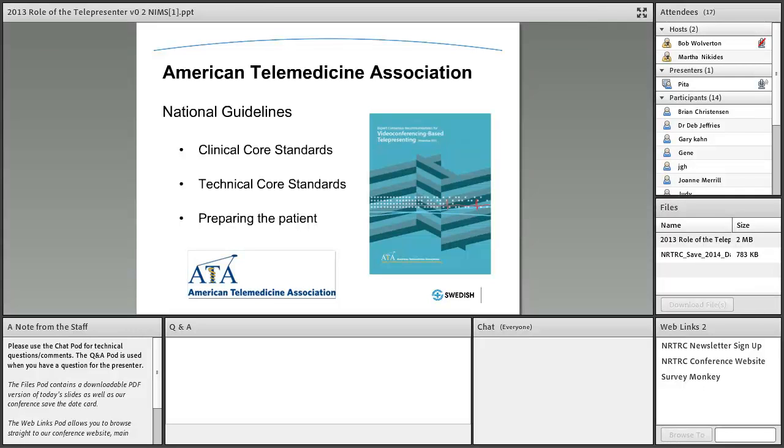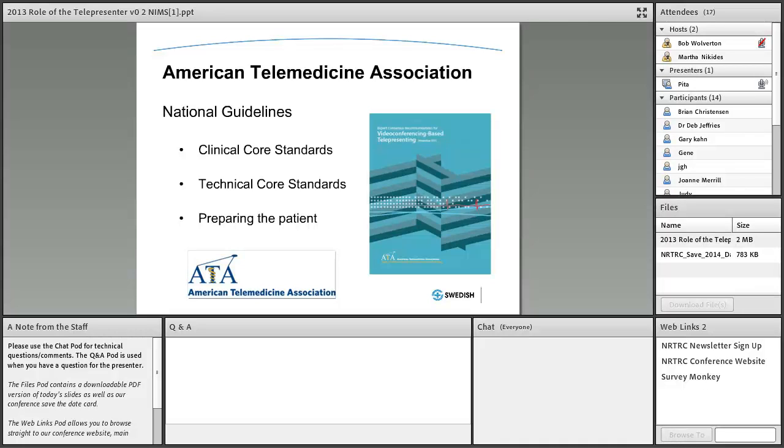The American Telemedicine Association has fantastic guidelines that you can draw upon in terms of looking at what the clinical core standards truly are across the nation, what the technical core standards are, and also guidelines around how to prepare the patient.